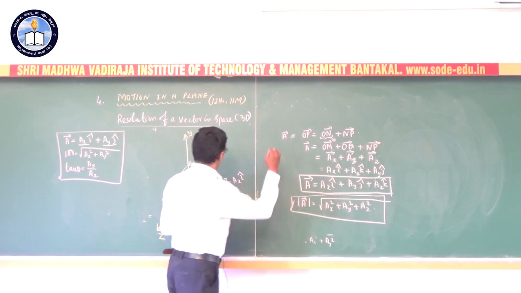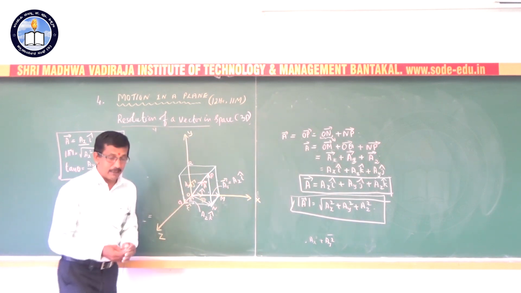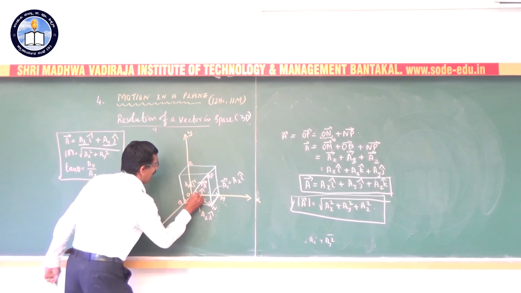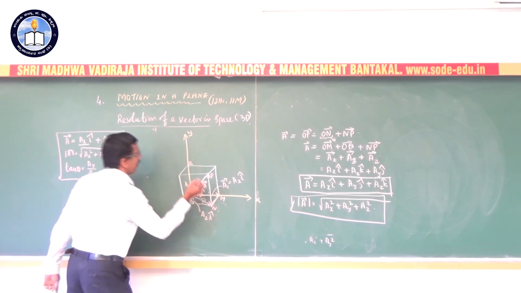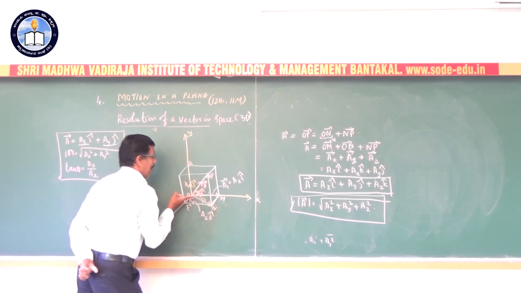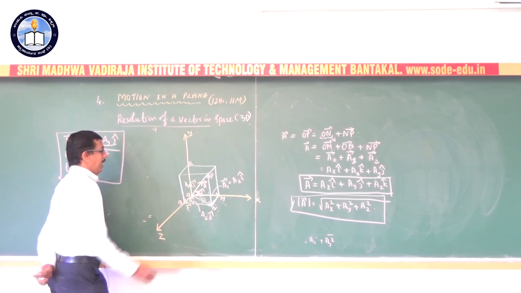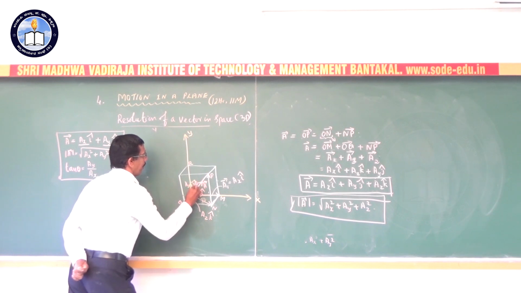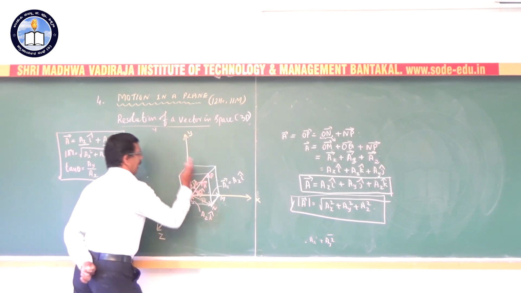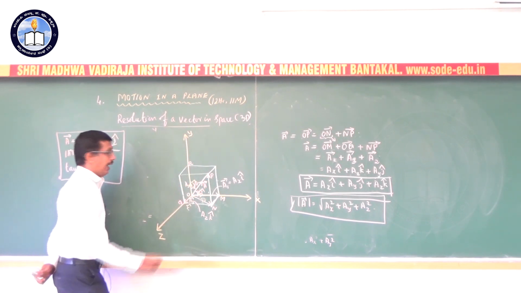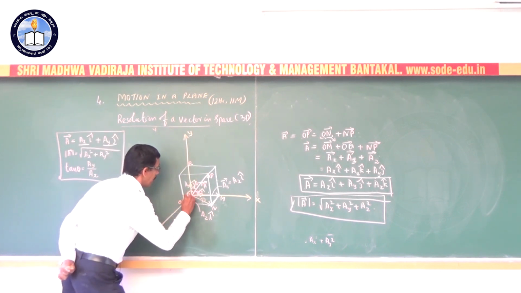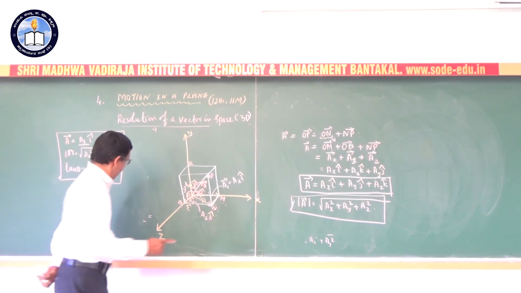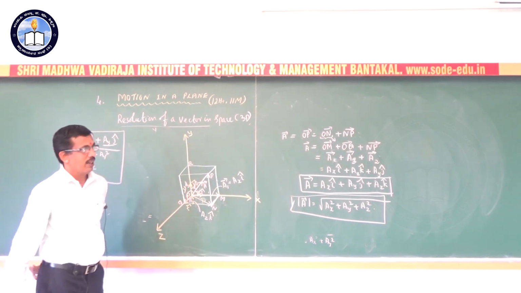The direction of this vector is given by, see here, let alpha be the angle between the vector in 3 dimensions and the x axis, beta be the angle between the vector and the y axis, and gamma be the angle between the vector and the z axis.